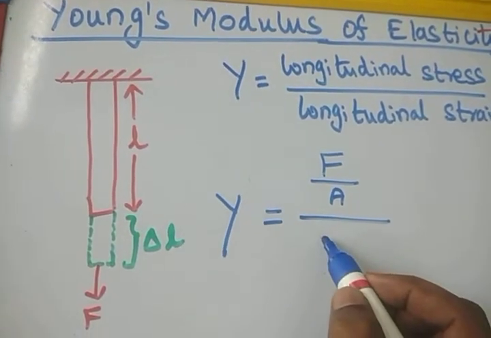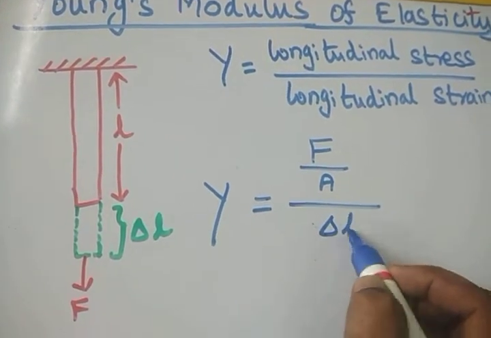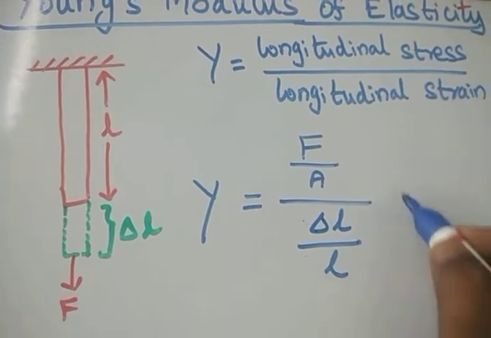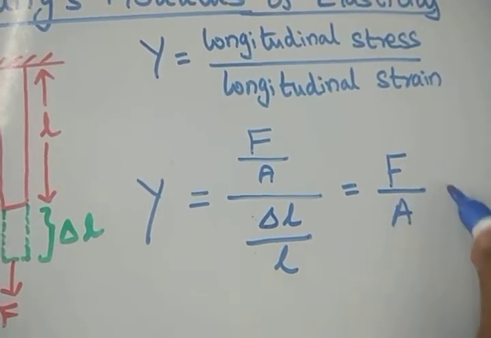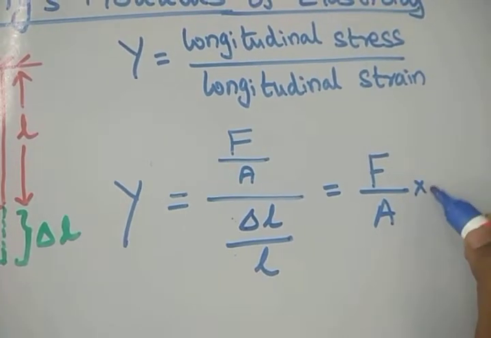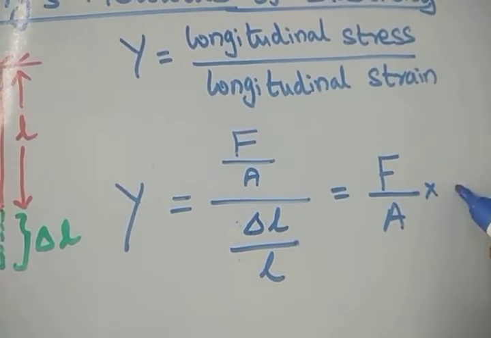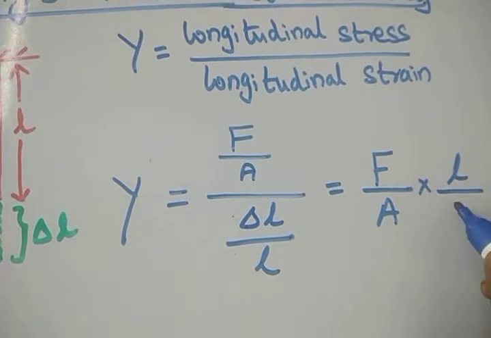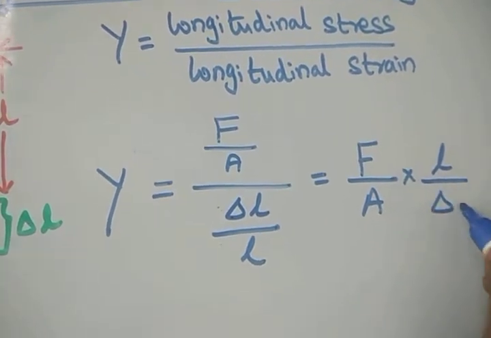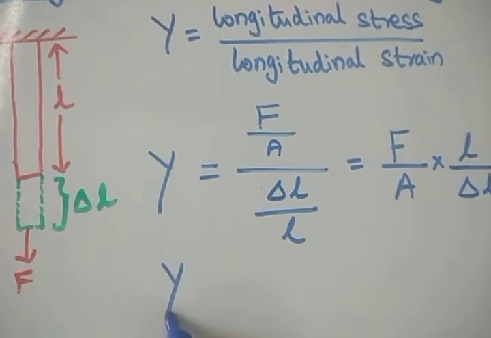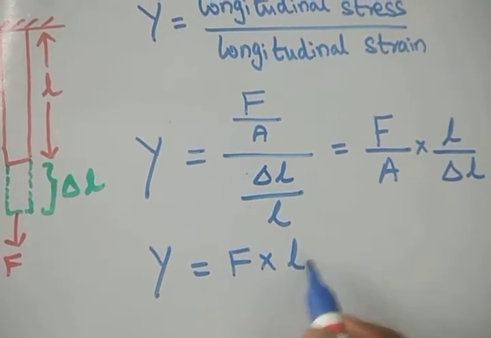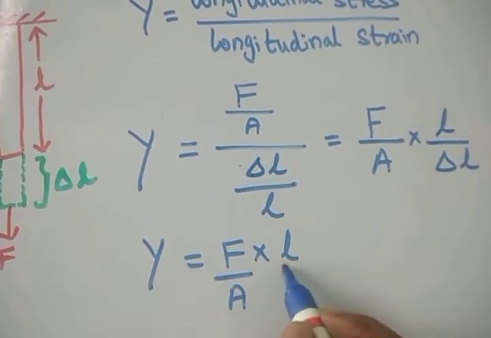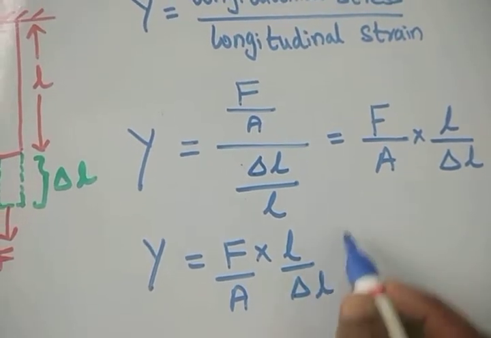The change in length is delta L. Original length is L. So we can write F by A into L by delta L. This is the formula for Young's modulus: F into L by A into delta L.